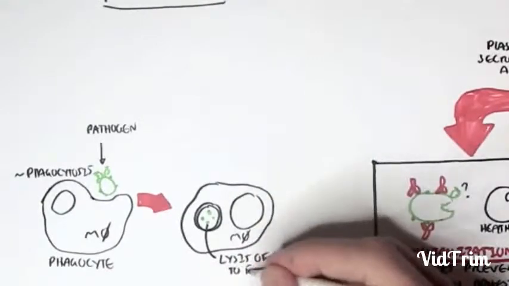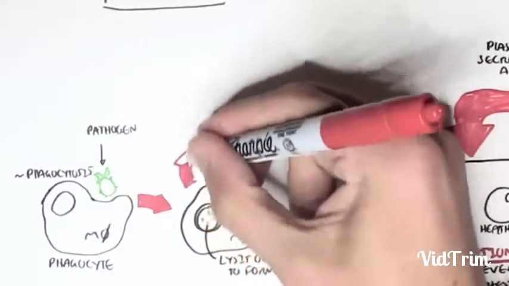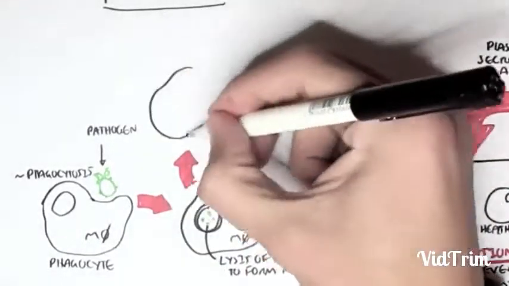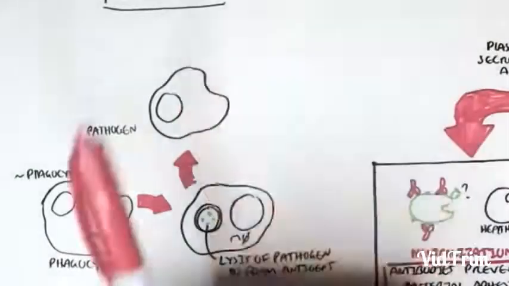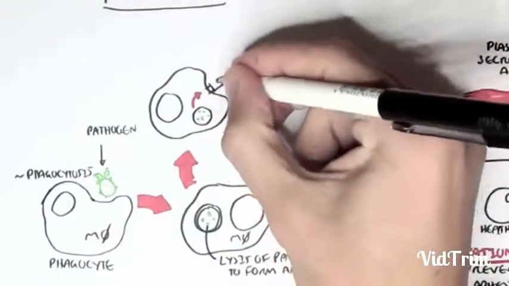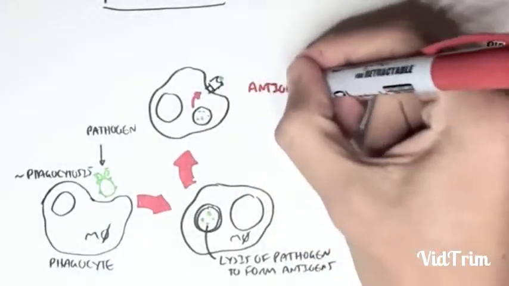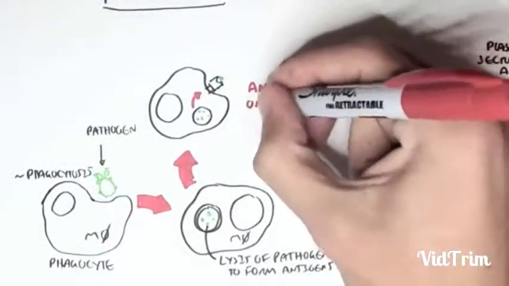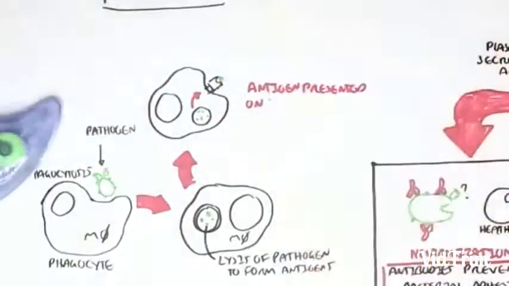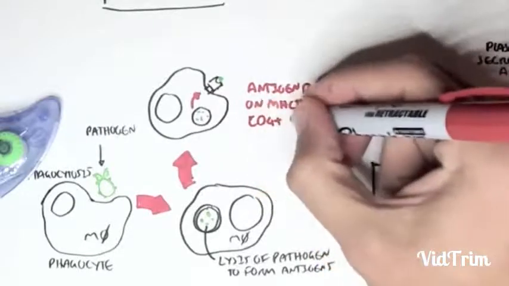And so the pathogen will lyse and form bits of antigens. And through this, the antigen-presenting cell, this phagocyte, will process these antigens and then present them on a major histocompatibility complex class 2.